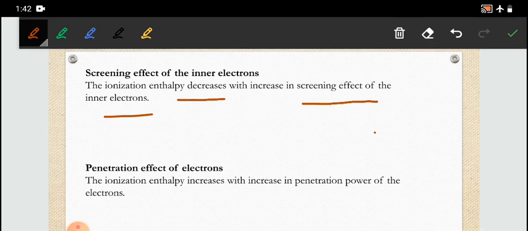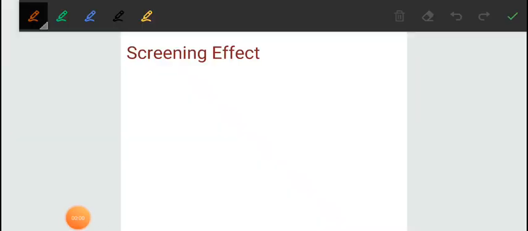Similarly, ionization enthalpy increases with increase in penetration effect. Let's talk in detail about this screening and penetration effect.